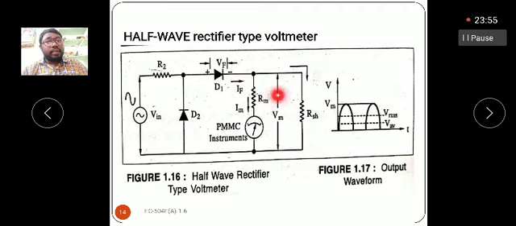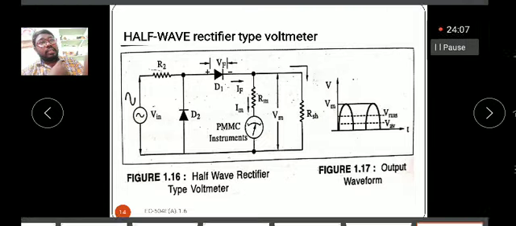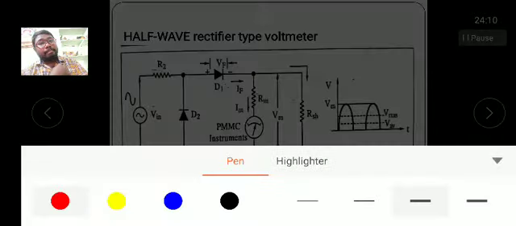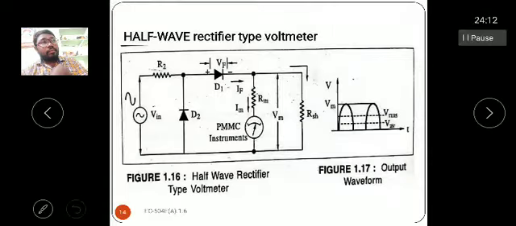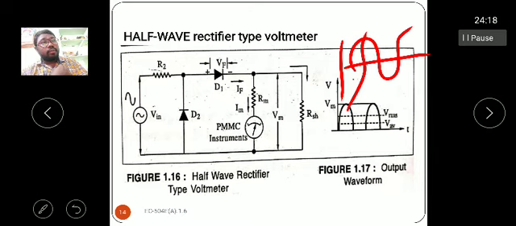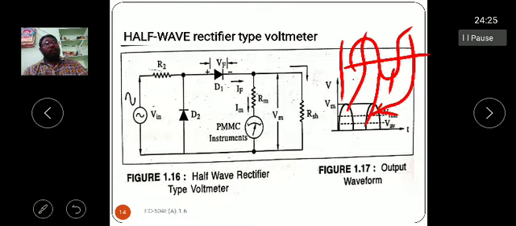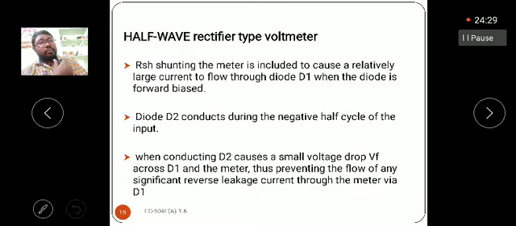Here we use the meter resistance, and across it the meter shunt resistance RSH. This is the input signal, but we get the output in this form only. The negative cycle is not present in the output of the half wave rectifier circuit.